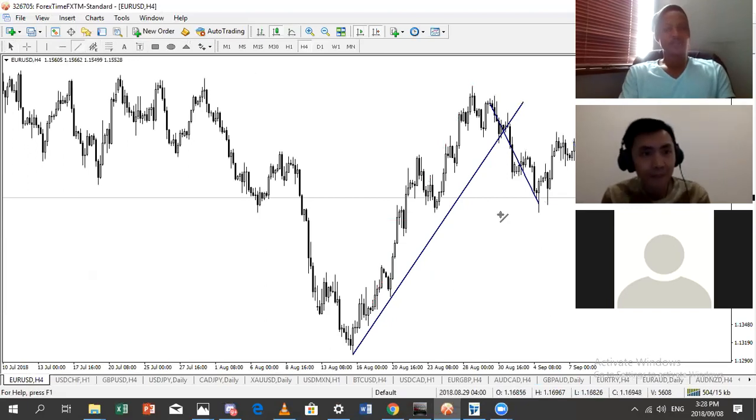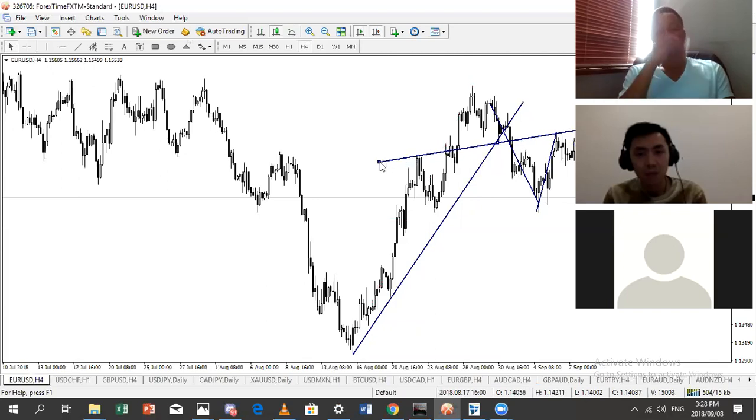See, your head and shoulders there is what we call a slanted head and shoulder. It might be something like this one here. This shoulder here might be, can you see, the slanted head and shoulder.